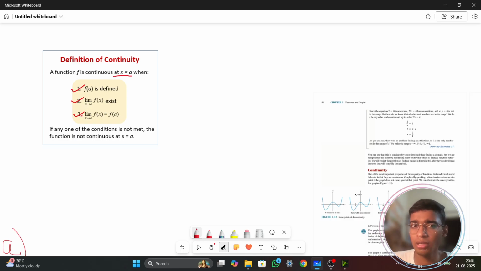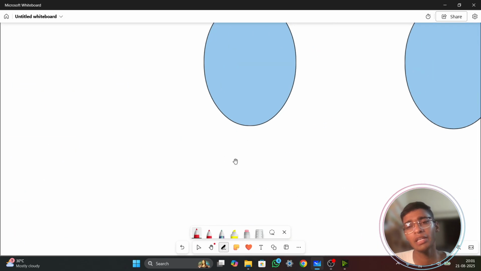Now the second and third are not actually clear just from the definition, so I'll try to make you understand through examples. The last line says if any one of the conditions is not met, the function is not continuous at x equals a. So this is an important concept where you need to note that at x equals a is important.